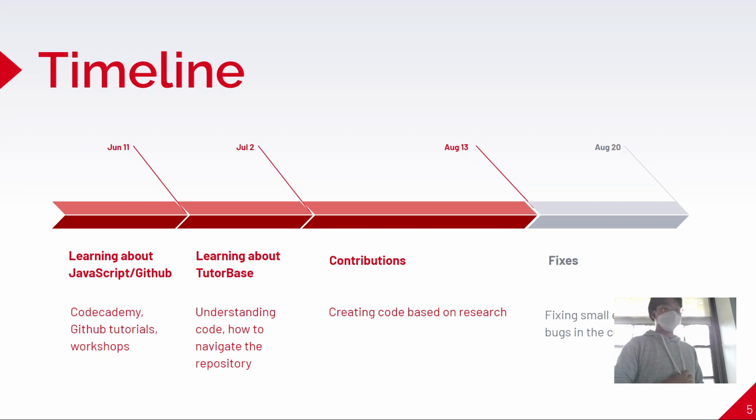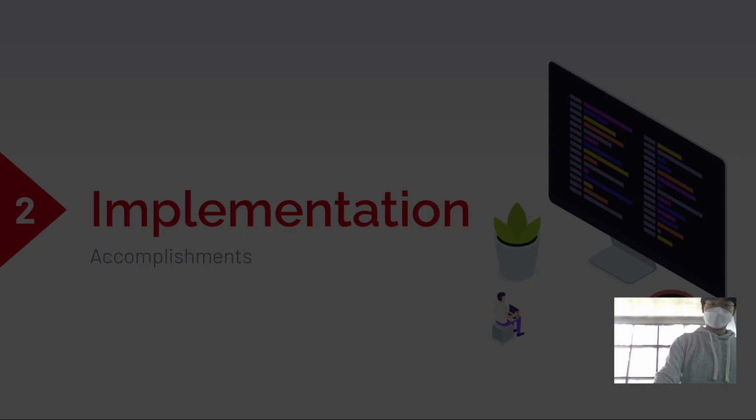I looked at GitHub tutorials and attended the GitHub workshop too. The next few weeks, I learned about Tutorbase, understanding the code, how to navigate the repository. The long period was all my contributions, creating code based on my research, and then the last week is just fixing the small errors and bugs in the contributions.